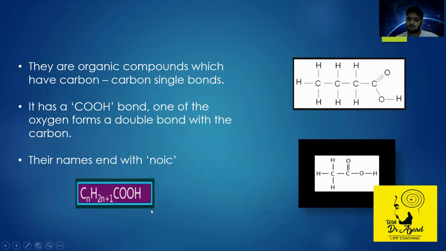Now, as you know, for each and every group of organic compounds there's a particular general formula, and carboxylic acids are no different. So this is the general formula. My advice is to keep the COOH group distinct, as shown here, and remember the general formula in this way, which makes it very easy to identify and eliminate mistakes in your examinations.